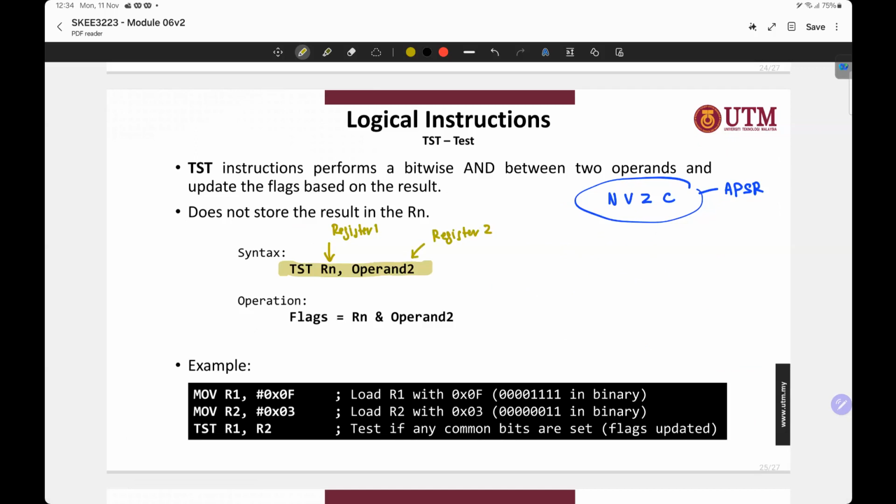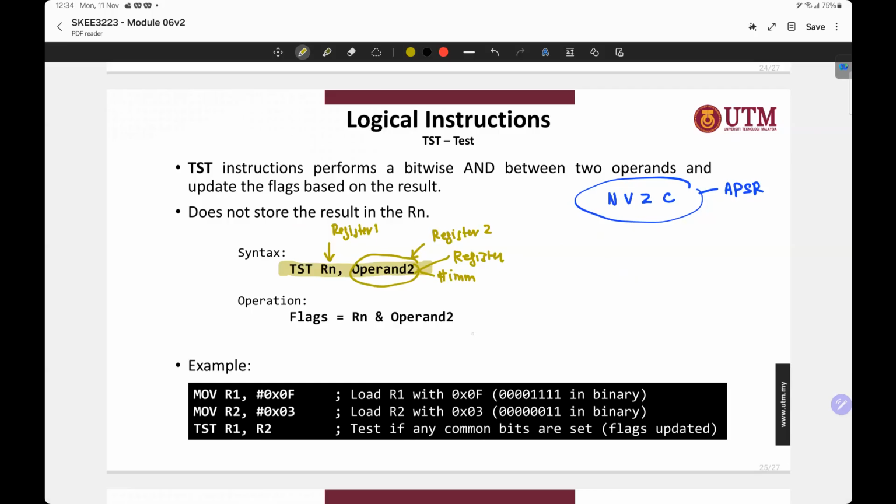Every time you see operand 2, it can be from a register or an immediate number. So this is the operation.